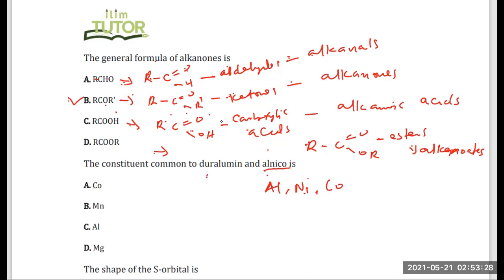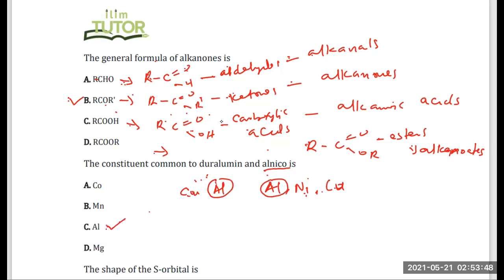But for duralumin, that is copper and aluminium, basically. So the most common element that you can have in both of them is aluminium. So we can pick this easily.